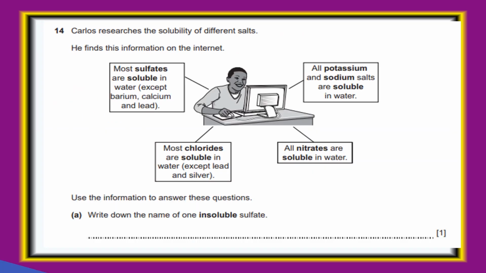Question 14. Carlos researched the solubility of different salts. You find this information on the internet. Use the information to answer this question. Write down the name of one insoluble sulfate. So you look at this.